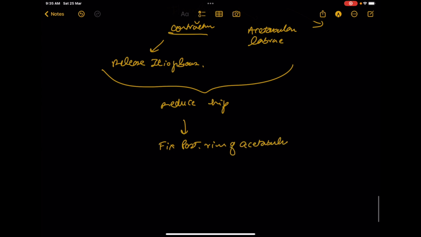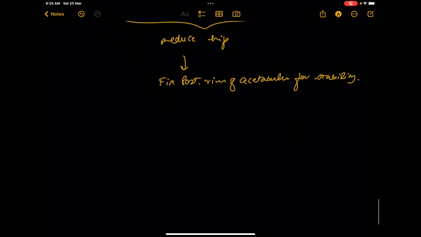In case of very old cases, we would do a pelvic support osteotomy.